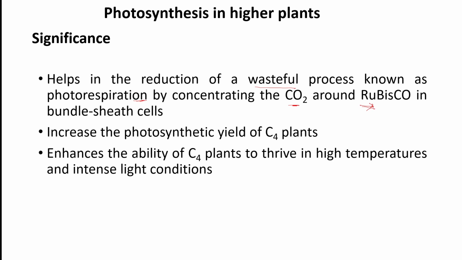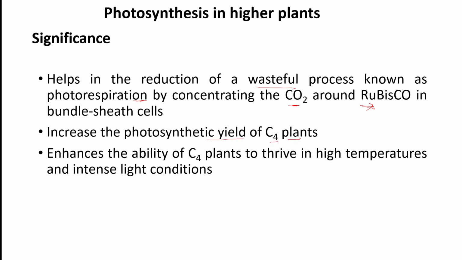There is a high concentration of carbon dioxide, less concentration of oxygen, and Rubisco binds to carbon dioxide and goes into the C3 cycle, and it gets fixed into organic molecules such as glucose.